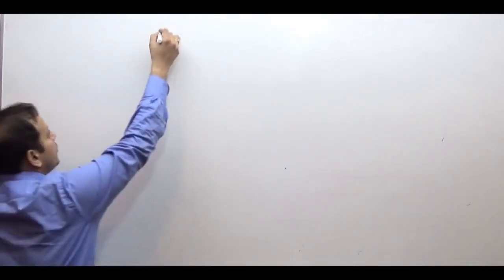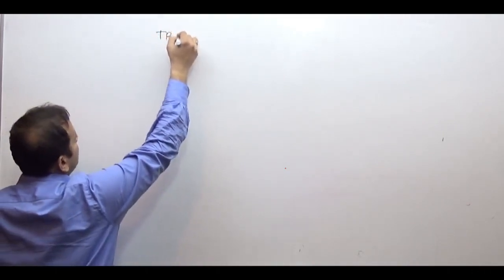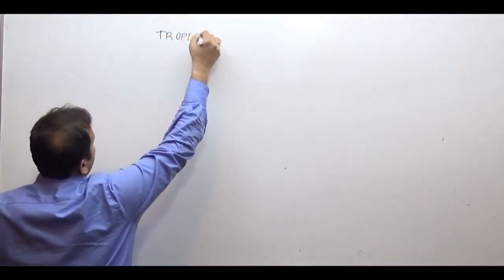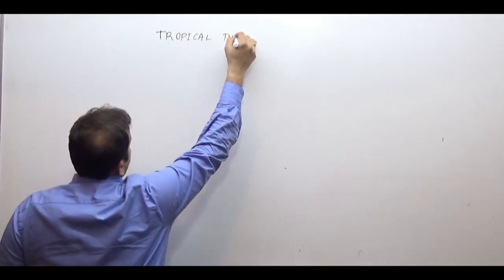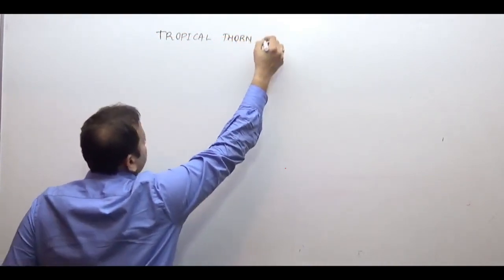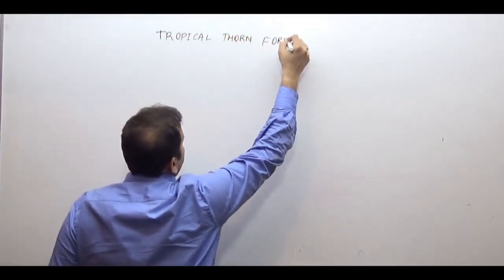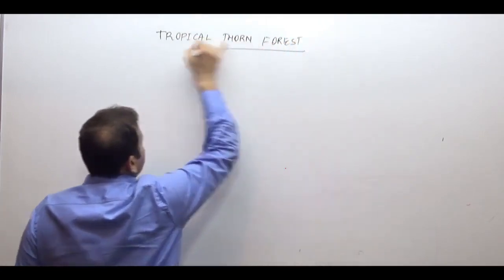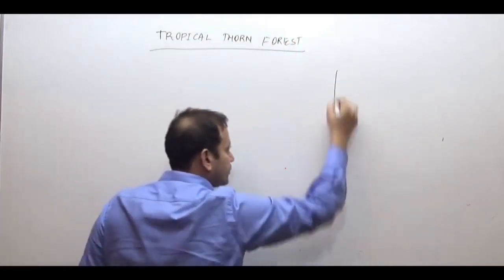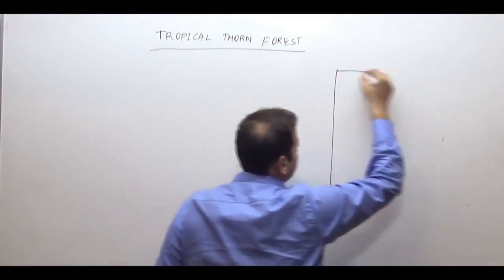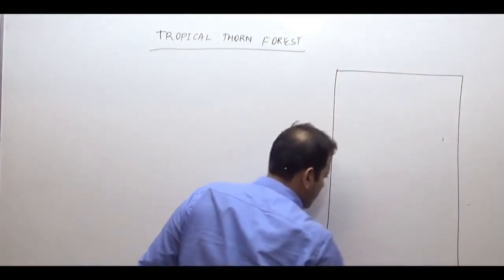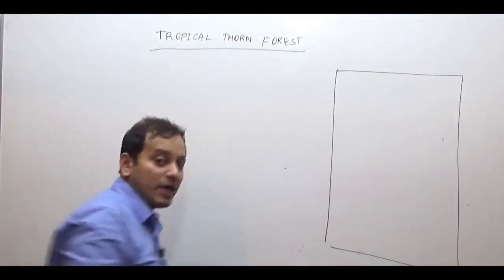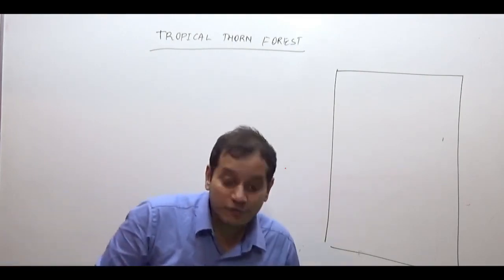So the third kind of forest is tropical thorn forest. Now, where is this tropical thorn forest found?